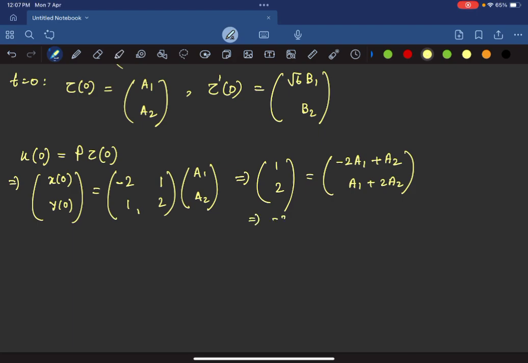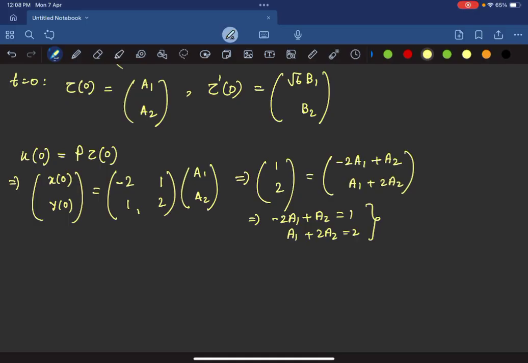If you solve, minus 2a1 plus a2 is 1, a1 plus 2a2 is 2. What are the a1 and a2 values? Multiply the first equation by 2.